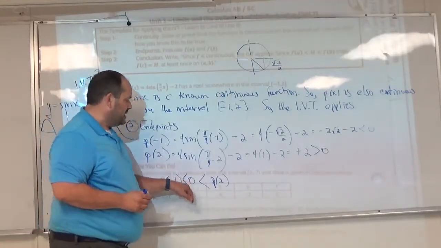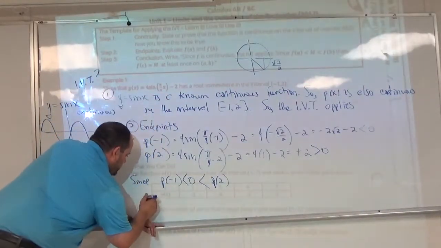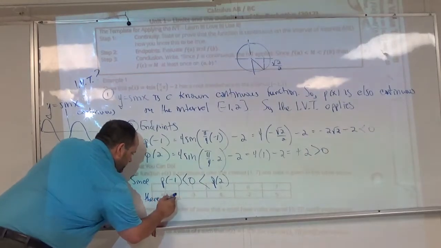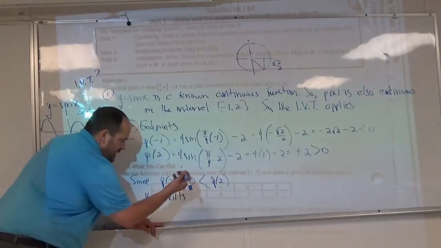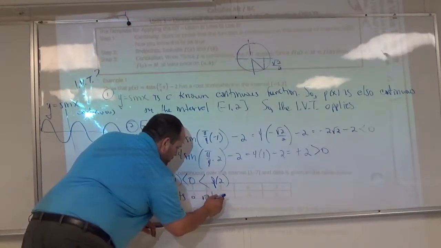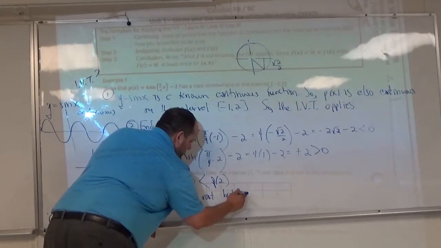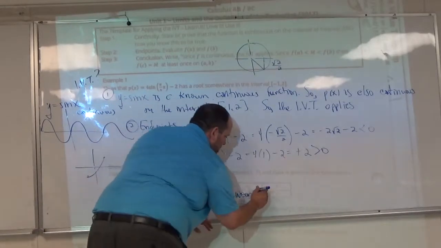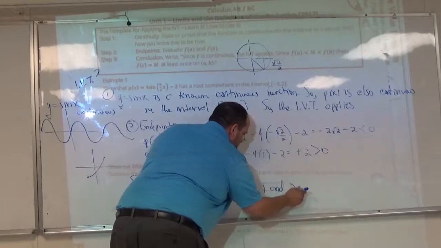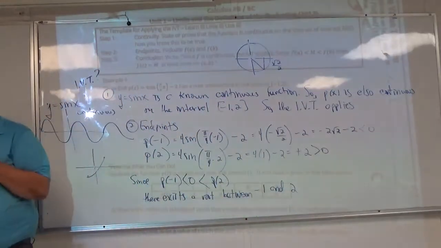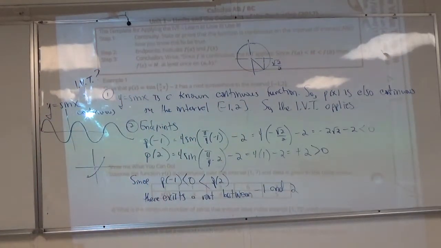Since P of -1 is less than 0 is less than P of 2, there exists, means there has to be, a root between -1 and 2. And that's all that we wanted. We just wanted to know that there was a root. We didn't find the root, we proved that there was.